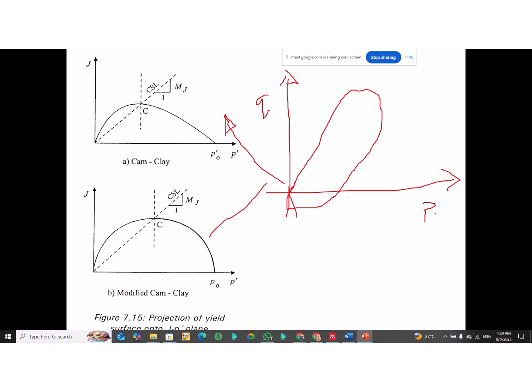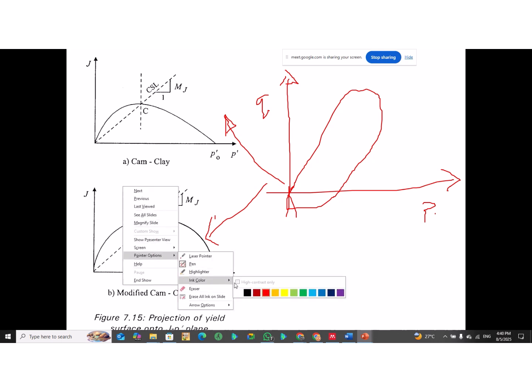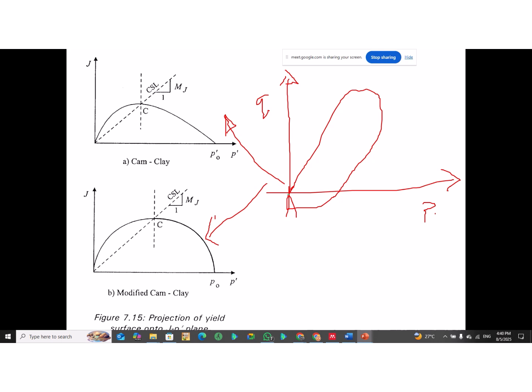So then it was modified again. People thought this describes it more closely. Of course, still there are gaps. It is still very difficult. This is what we observe. So you can see now, even when we are saying that it is modified, it just plots differently. It's still different from what we observe in practice.